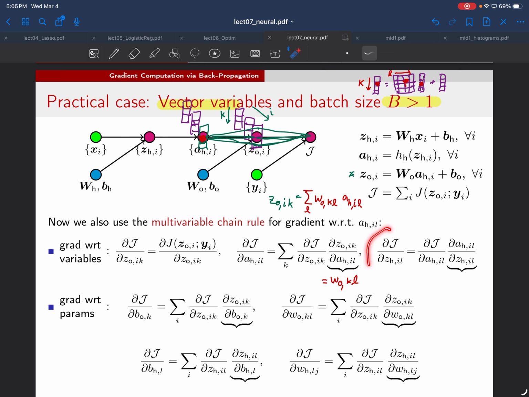Then we have DJ, DZH, IL. Very similar, except we're bouncing through that node. We've computed all of these now, so we know those. Now the question is, what is the relationship from the Z's to the A's? Does this one have the mixing relationship or not?